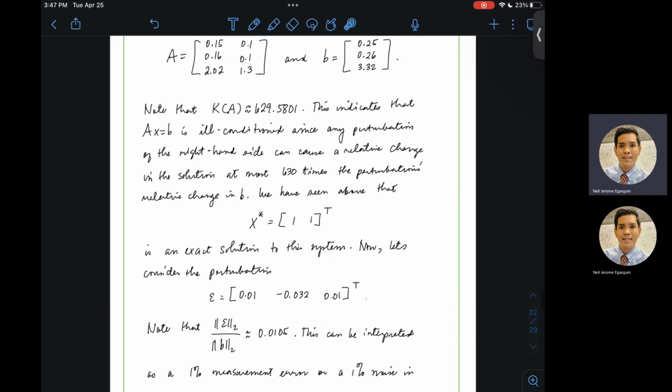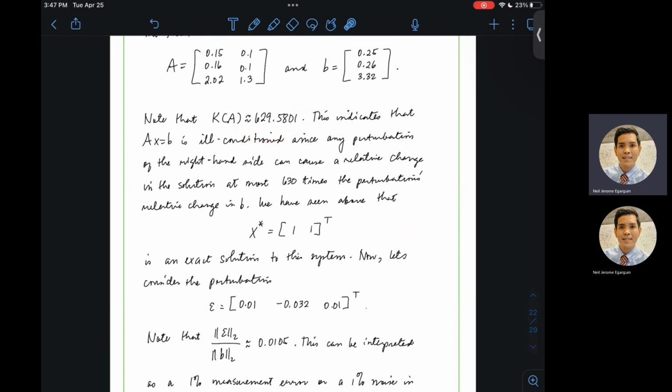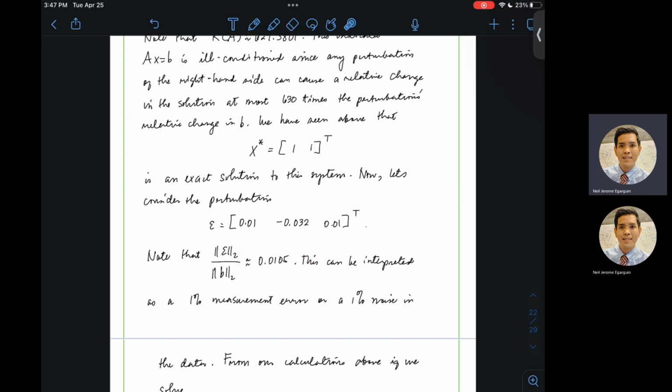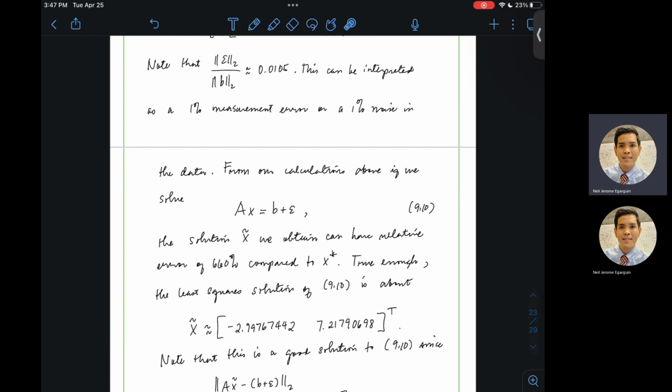But since we know that kappa, the condition number, is 629.58, so about 630, that means the size of the noise will be amplified 630 times in terms of the relative difference between the noisy solution and the actual solution. That means in the worst case, I am expecting that that 1% noise will result in 660% difference in the solution that I get. Okay.